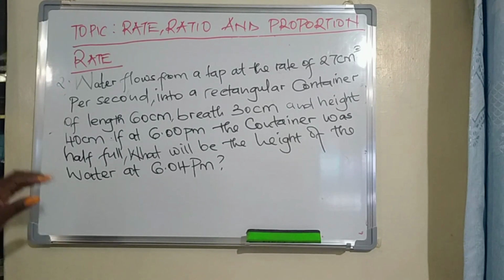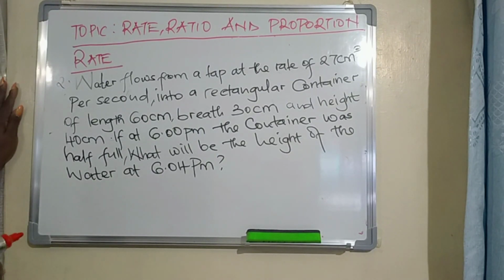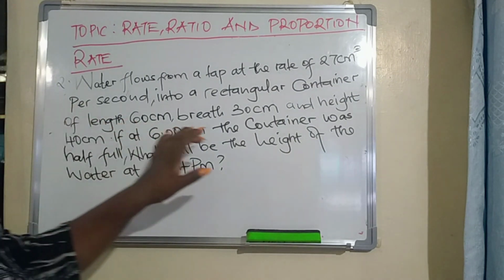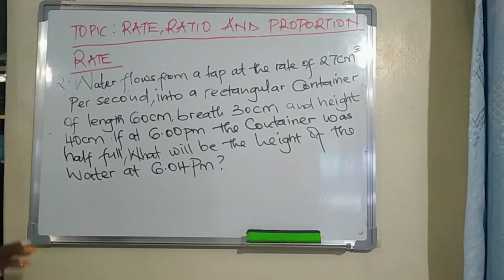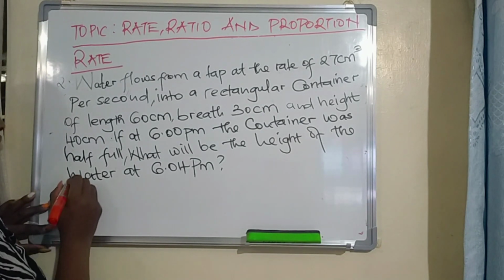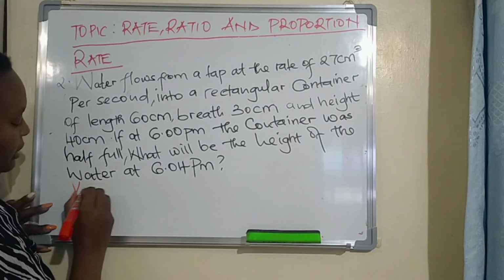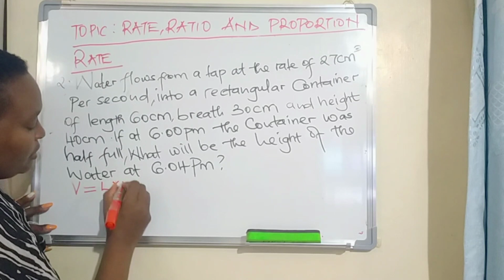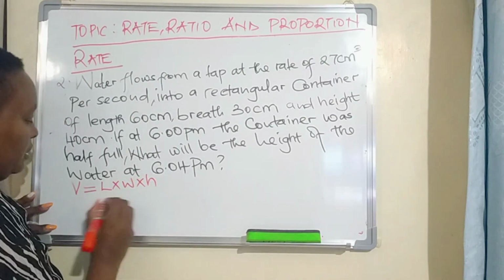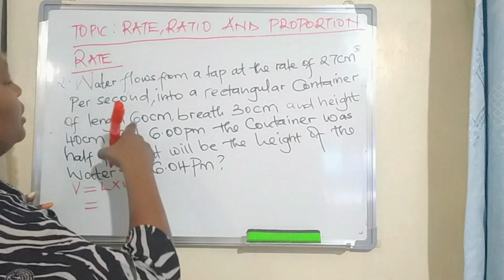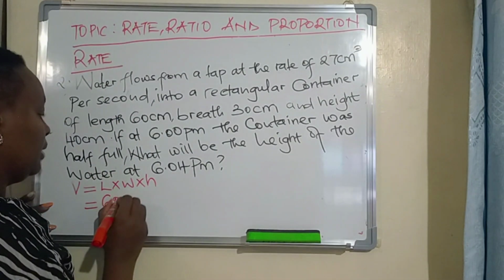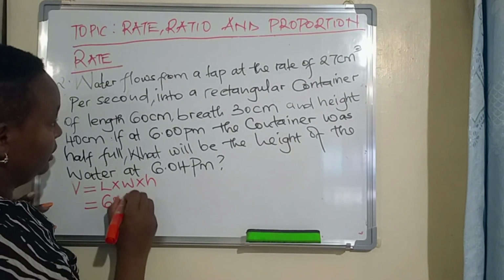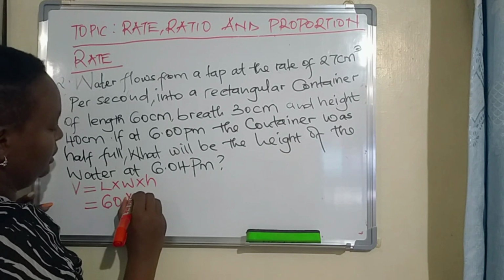Now, let us first start by finding the volume of this rectangular container. And we know volume of a rectangle equals length times width times height. So this is going to be equal to 60 times 30 times 40.